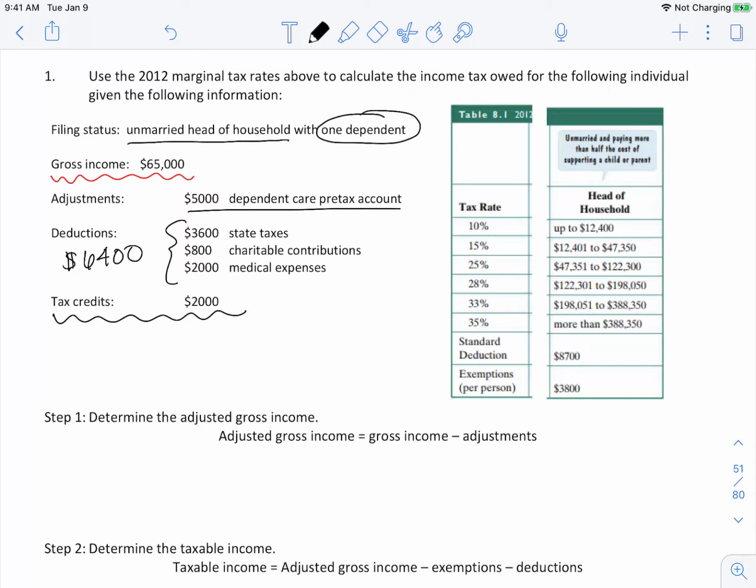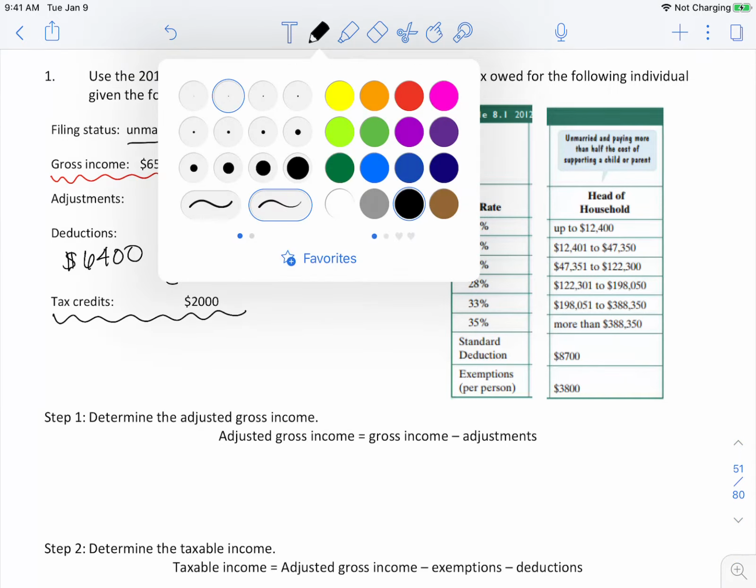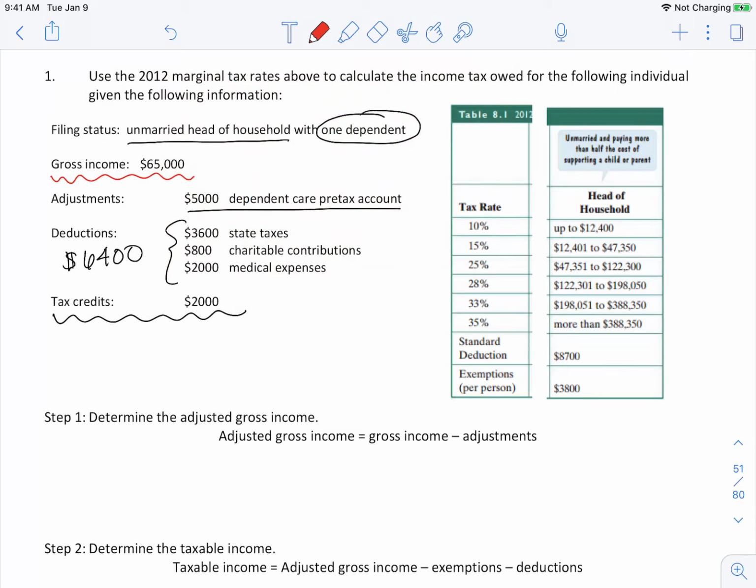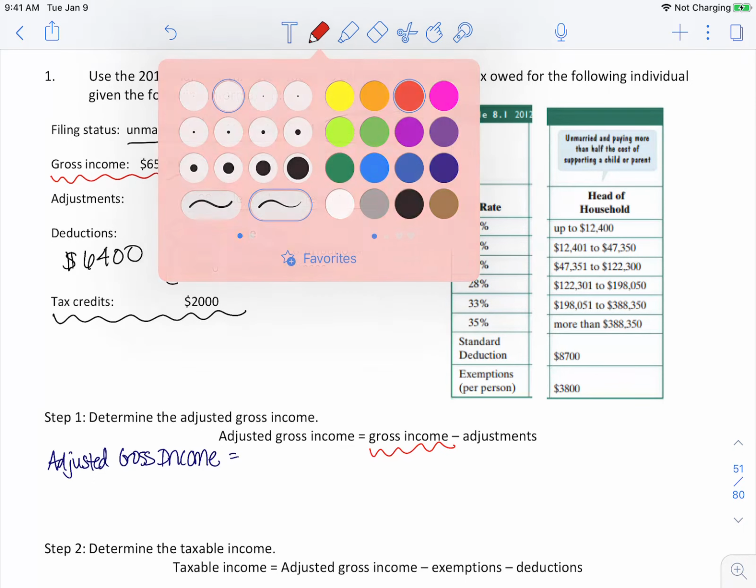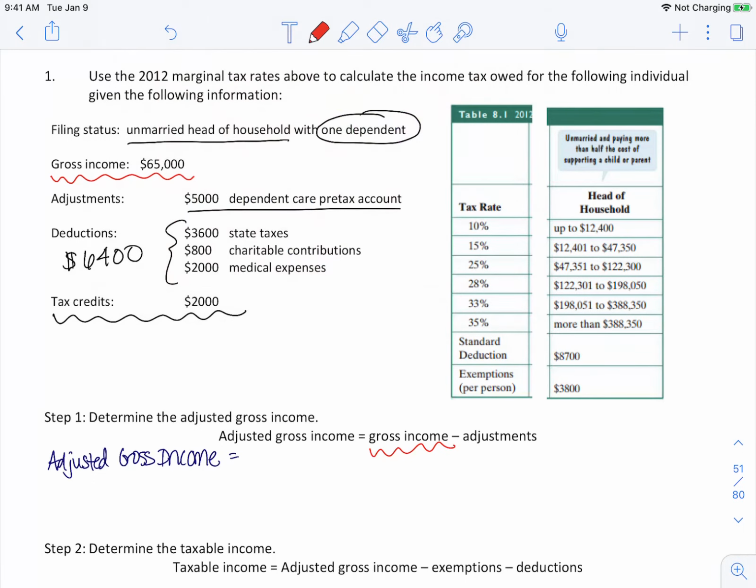So remember, adjusted gross income, that is your gross income minus any adjustments. So our adjusted gross income, again, this is going to be our gross income, which we can see is $65,000 minus any adjustments.